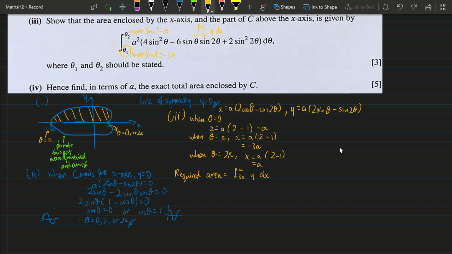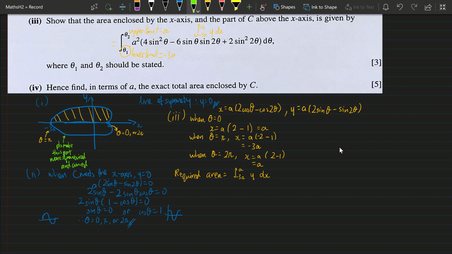Of course, you can say, why do it this way? Can't we just find the Cartesian equation, y equals something in x? Actually, yes, you can, but it's kind of tough, and this question doesn't require you to do it that way. They structured this question to force you to do the parametric equation, which you must know. So, oh well, no choice. Let's just do this step by step.